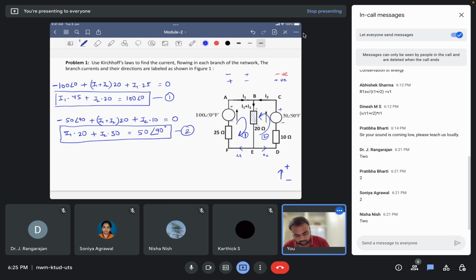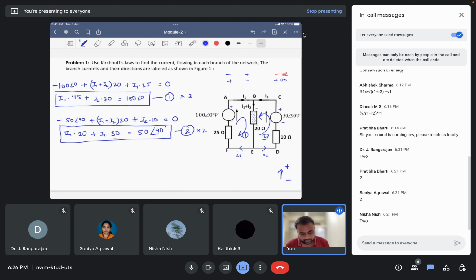As we have to find I1, let us first eliminate the I2 term. Since I2 here is multiplied by 20 and here the I2 term is multiplied by 30, the lowest common multiple will be 60. So for getting 60, let us multiply equation 1 by 3 and equation 2 by 2.